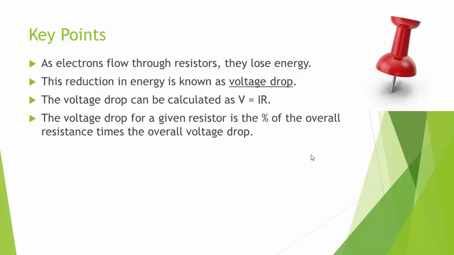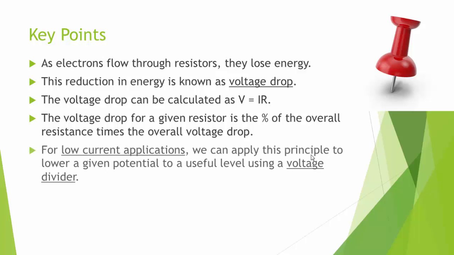But the voltage drop for a given resistor is the percent of the overall resistance times the overall voltage drop. And in low current applications, we can apply this principle to adjust a potential from a big power supply to a low voltage device using what's called a voltage divider.